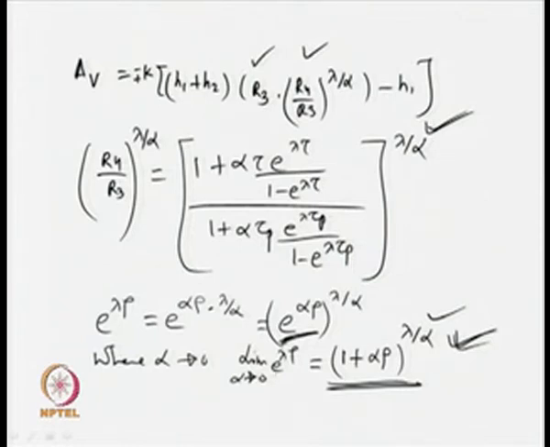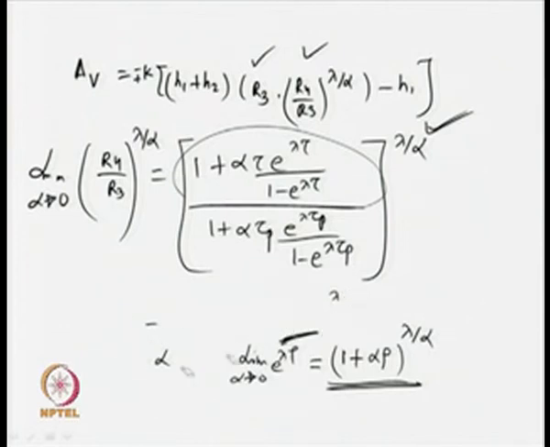Please keep in mind, it is always possible to find e to the power lambda rho, with the limiting value of alpha tends to 0, as 1 plus alpha rho to the power lambda by alpha. So, when this is used, this factor simply can be obtained with the limit alpha tends to 0.